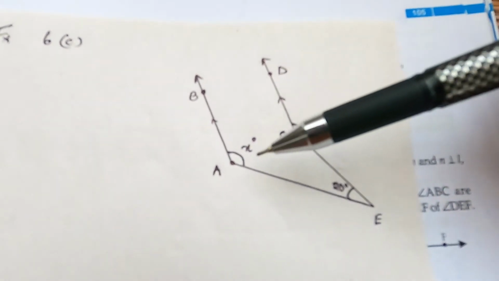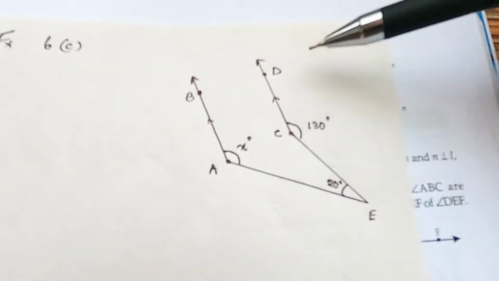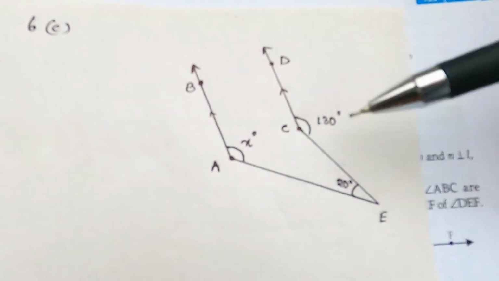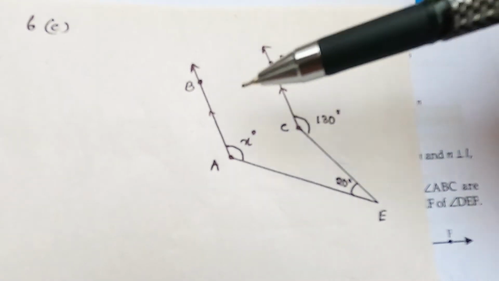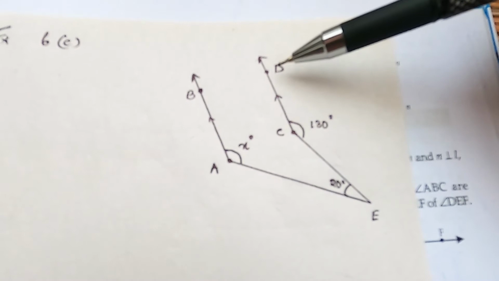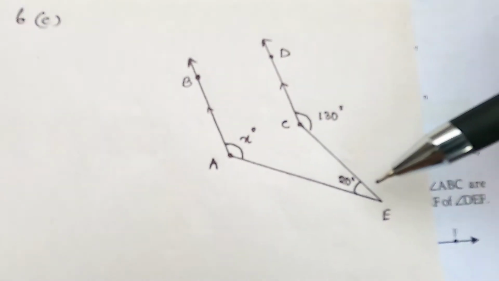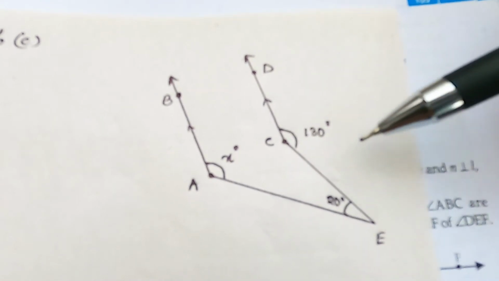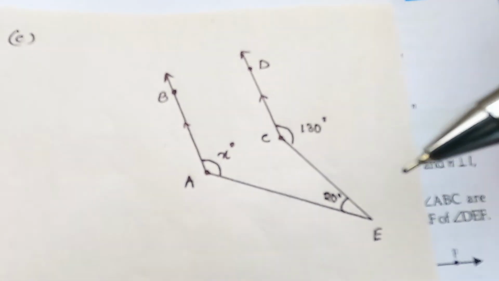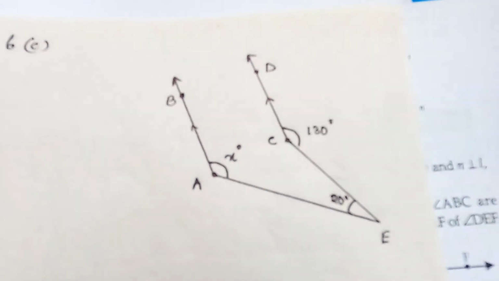For example, angle BAE and DCE do not form any pairs of angles, and also DCE and AEC do not form any pairs of angles, so it becomes difficult to find the value of x.